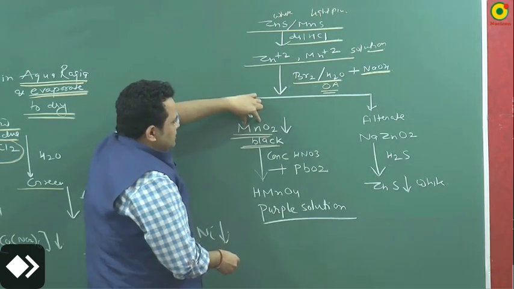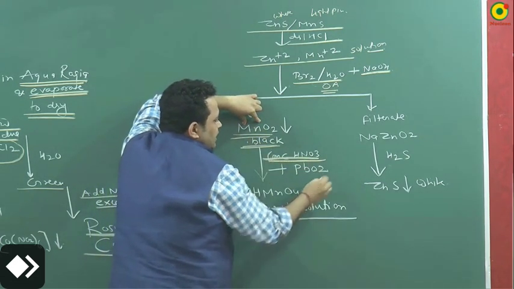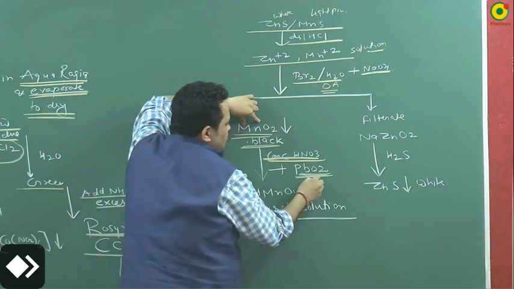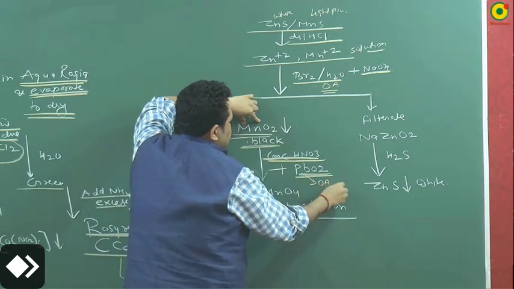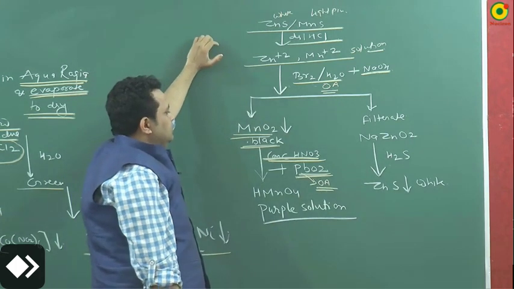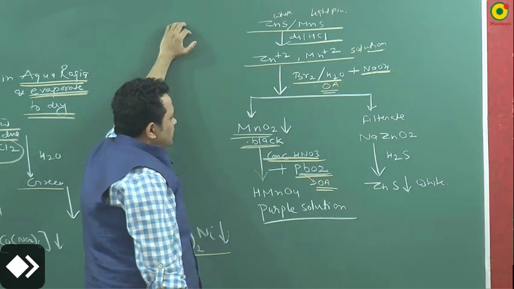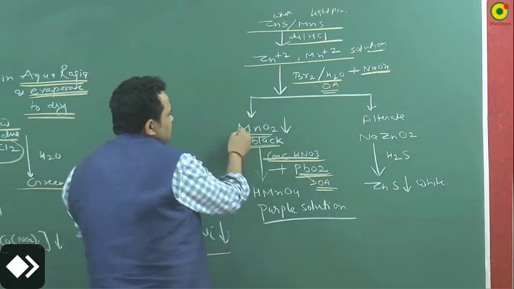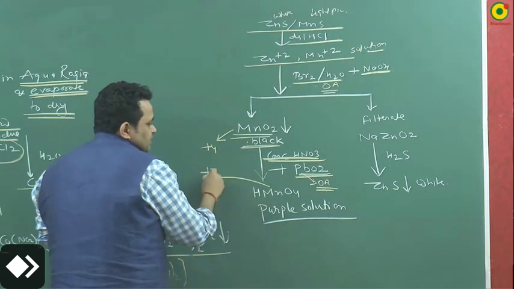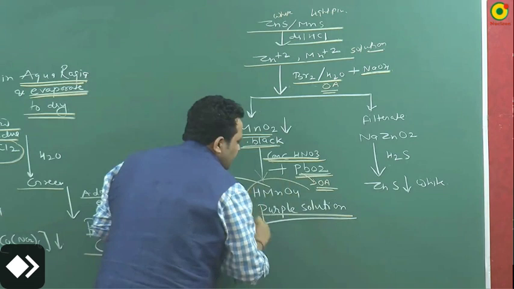This black precipitate is dissolved in concentrated HNO3 and PbO2 is added. PbO2 is a strong oxidizing agent. So it will further oxidize Mn from the +4 state to the Mn+7 state, and a purple colored solution of HMnO4 is formed.